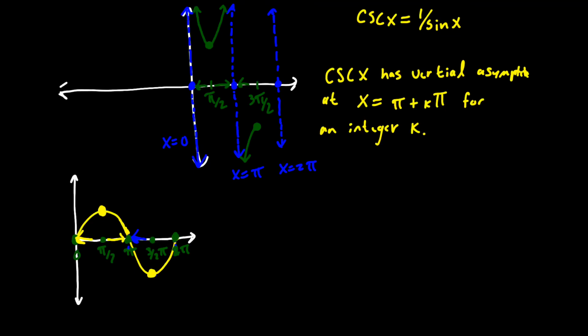And in the last step, as we approach 2 pi, our sine values are becoming again closer to 0, but from the negative direction. And so again, in our cosecant graph, we're growing exponentially negative. Since the function cosecant is periodic, we can just go ahead and repeat this graph.